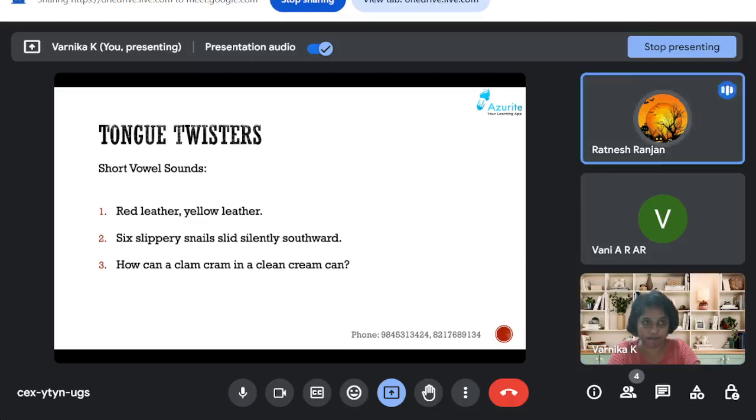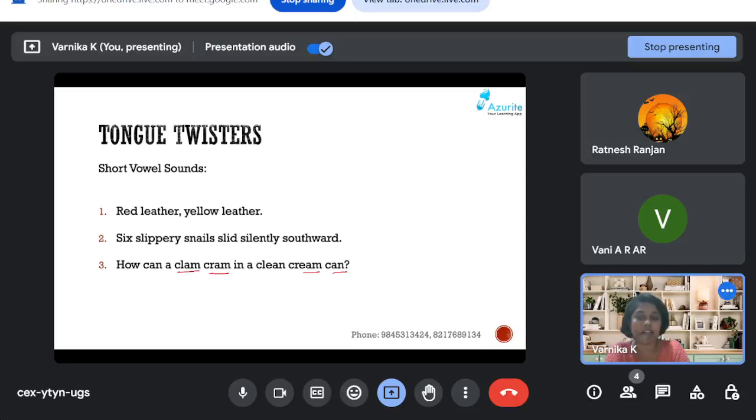How can a clam cram in a clean cream can? Yes. How can a clam cram in a clean cream can?